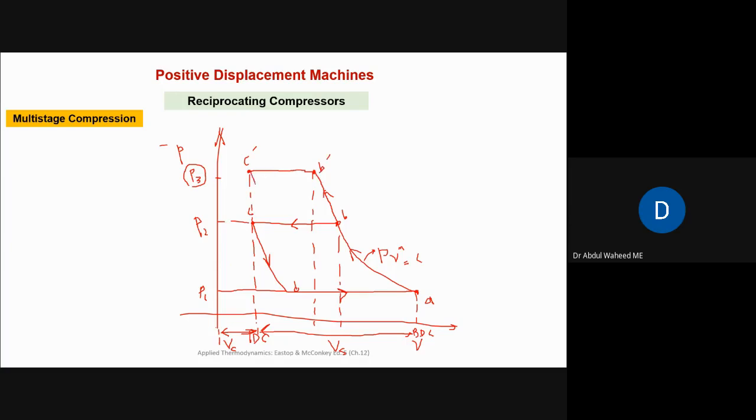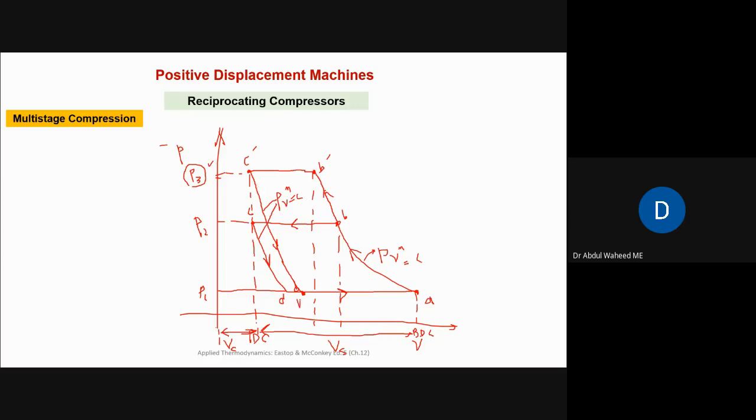Now there will be re-expansion from C dash until the pressure becomes again P1. Pressure is dropping when the gas is expanding. These two lines are also following PV to the power n is equal to a constant. So in the first case, the induced volume was VA minus VD, but in the second case, for high pressure, it is the same single stage compressor which is used for higher pressure.